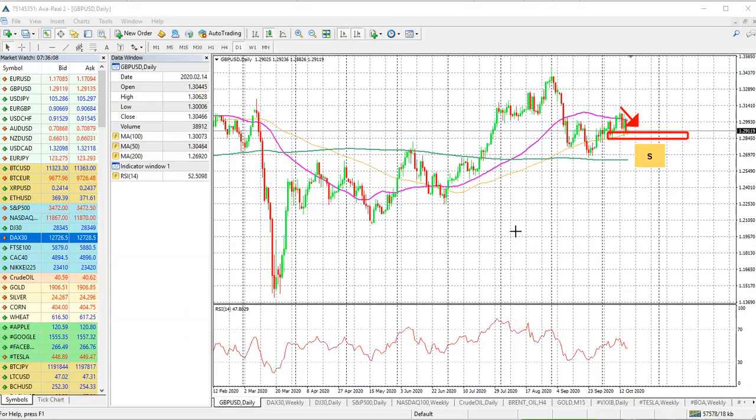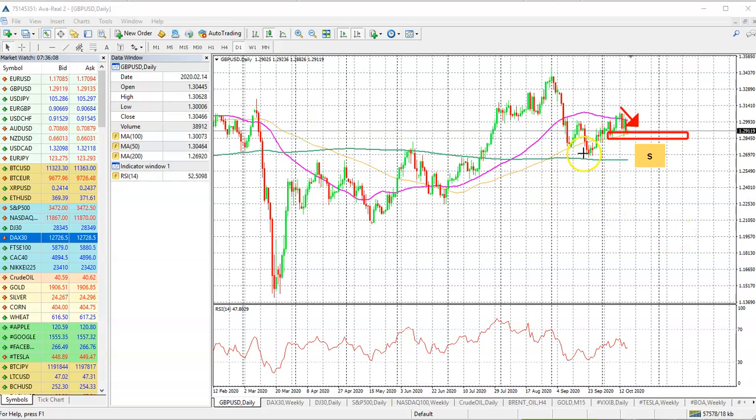But if the price violates this support 1, then the next possible move from here is going to be right around this price level, right over here in this area. So let me draw that area once again for you so that you know which price level I'm really referring to.